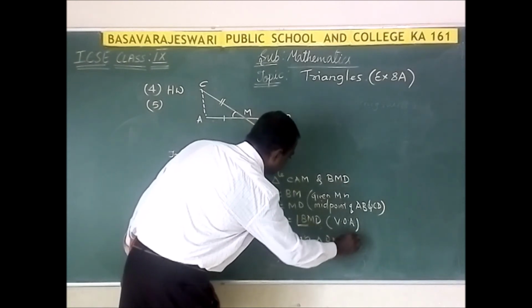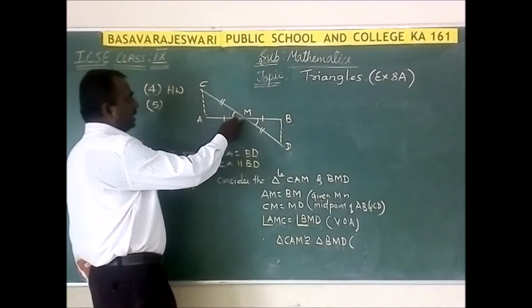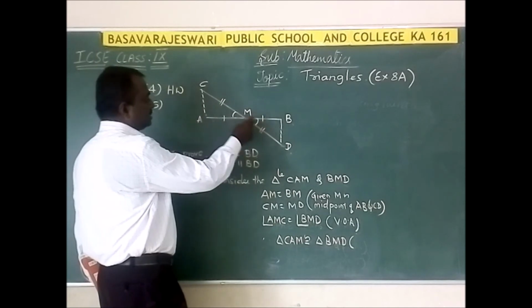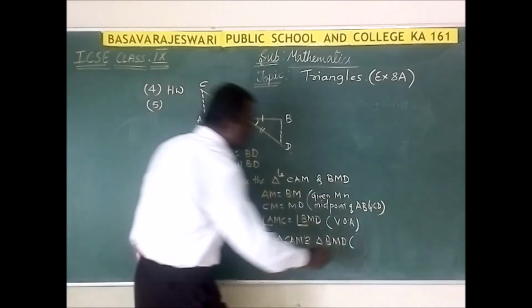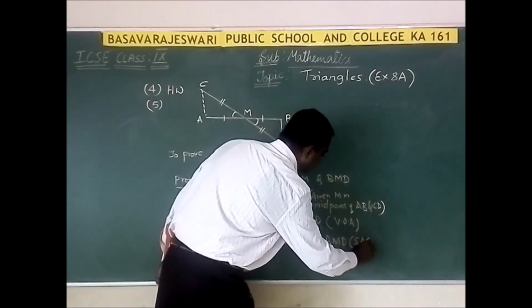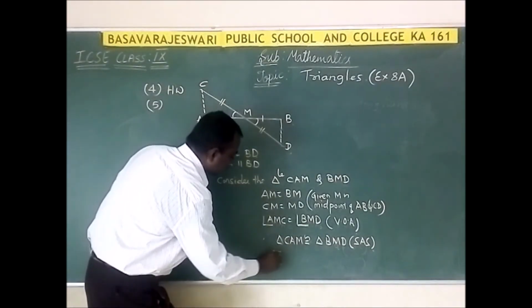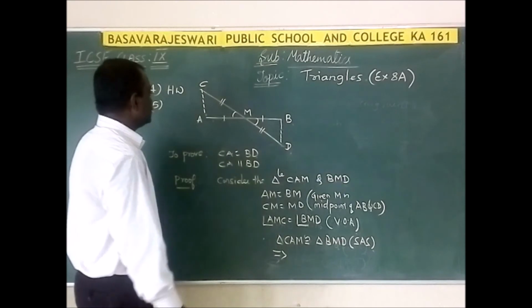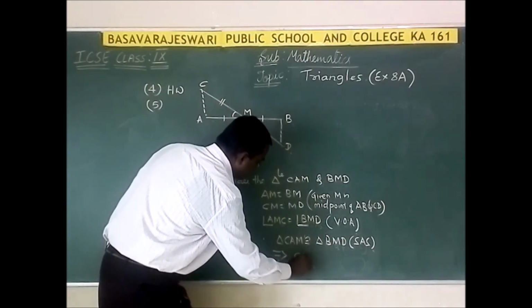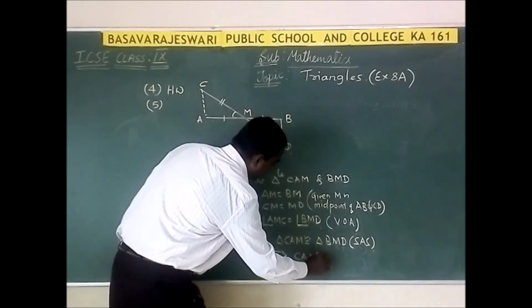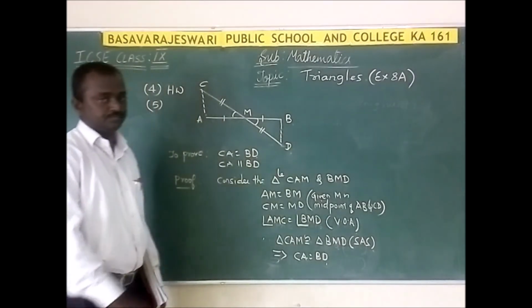On what basis? Side, angle, side criteria. If the two triangles are congruent, then you can say that CA is equal to BD. So first part we have proved.